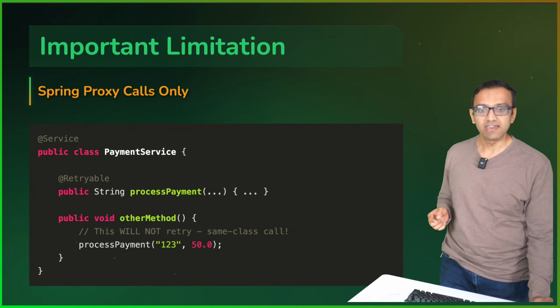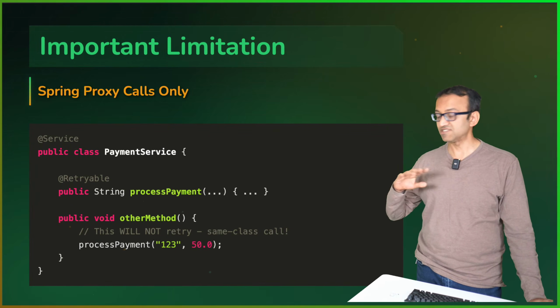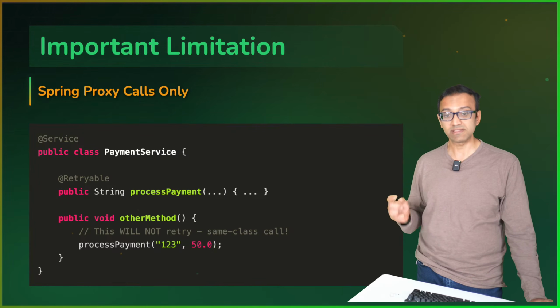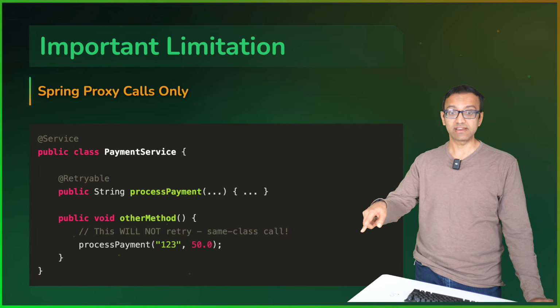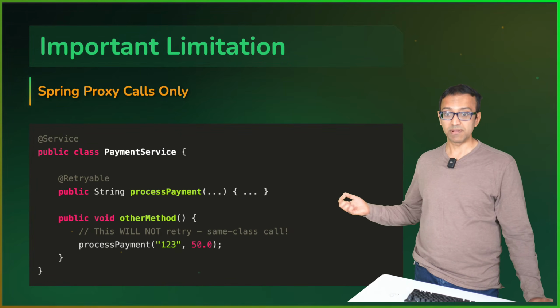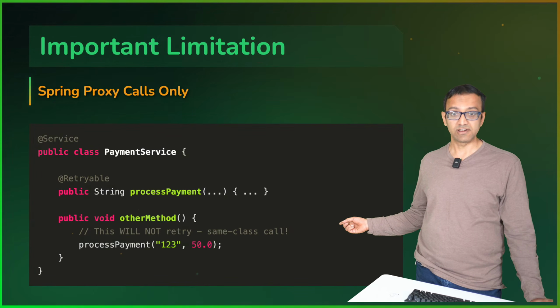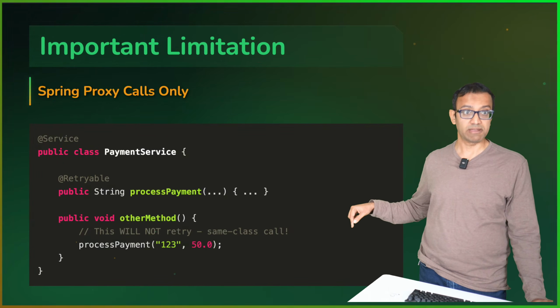That's the reason why we had to start the main method and then call through the controller. If you just create a simple Java class or a main method that calls this method directly, it's not going to work, right? In this example here, I have another method which calls this directly. It's not going to call the retry because it's not going through Spring, right?